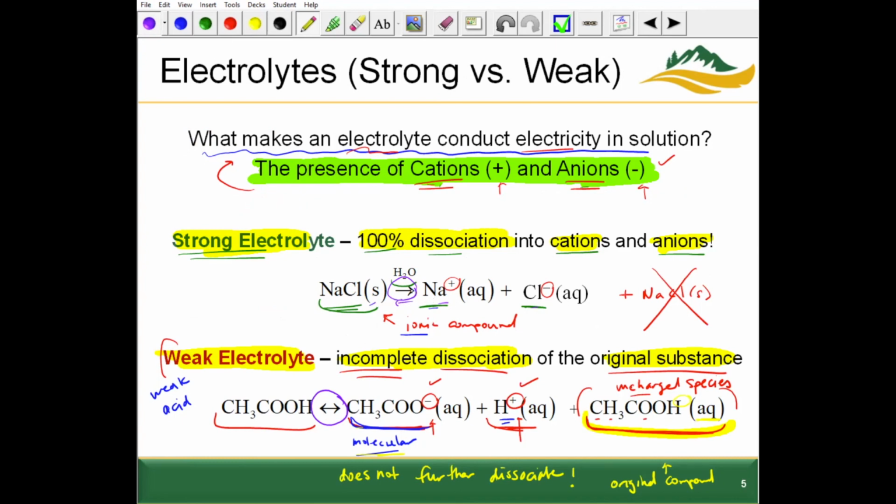So we would think of this single-headed arrow as an irreversible process, whereas this double-headed arrow here is a reversible process. It implies it can go the forward direction and the backward direction. So strong electrolytes are typically associated with these irreversible reactions, weak electrolytes with these reversible reactions.